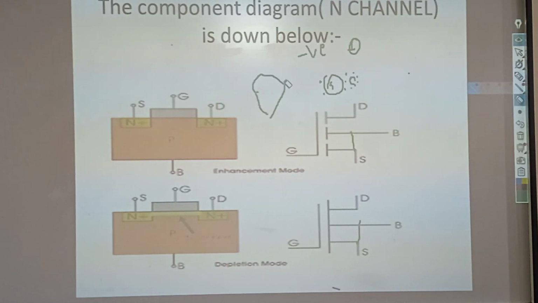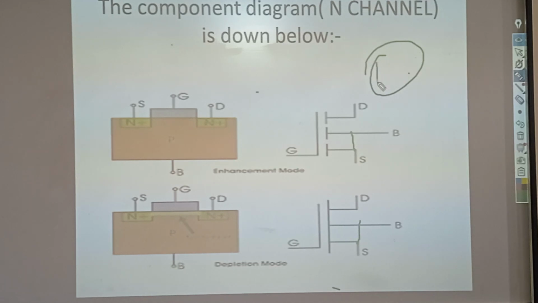But whenever we add a few phosphorus atoms along with silicon, you can see that this is phosphorus and this is silicon. Phosphorus has 5 electrons. So here are 2, here are 2, here are 2 and here is 2.